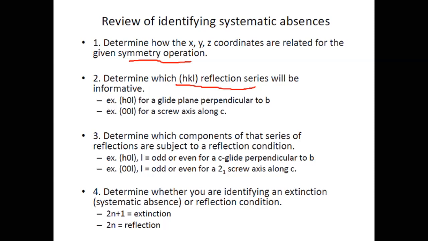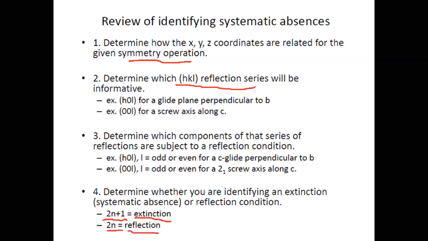And so again, we use these interchangeably, but if we're looking at the odd reflections, those have to be extinct or absent. If we're looking at the even reflections, they will be observed. So you can look at either or. I think the absent is easier to look at than the observed, but it's whatever you want to look at.